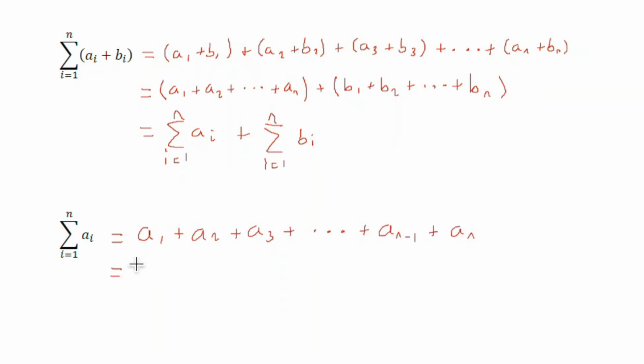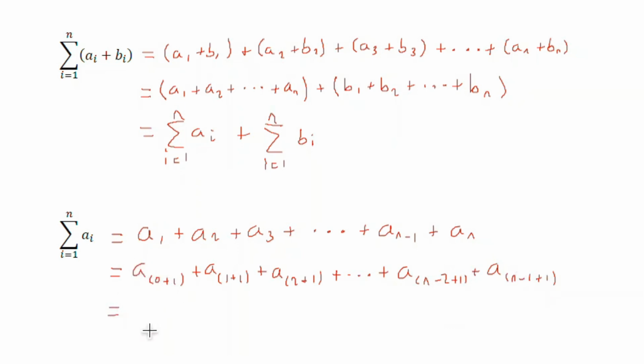But that's the same as a of 0 plus 1 plus a of 1 plus 1 plus a of 2 plus 1 up to a of n minus 2 plus 1 and a of n minus 1 plus 1.